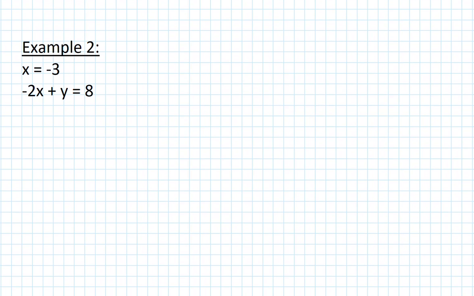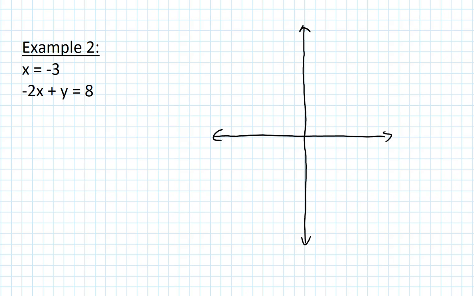Example 2. You have two equations again: x equals negative 3, and negative 2x plus y equals 8. I'm going to solve this by graphing, so I'm going to go ahead and draw an x and y axis. Okay. The first equation, x equals negative 3, is sort of a special case.